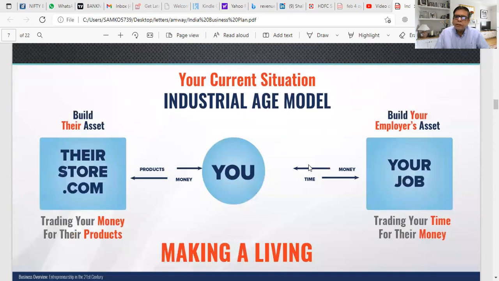Now, in the pre-information age model, I would say before 2000, typically an average person would work for a company, which is your job. And while working, they would build the company's asset, or they would build the company more business, by giving their time for a salary.